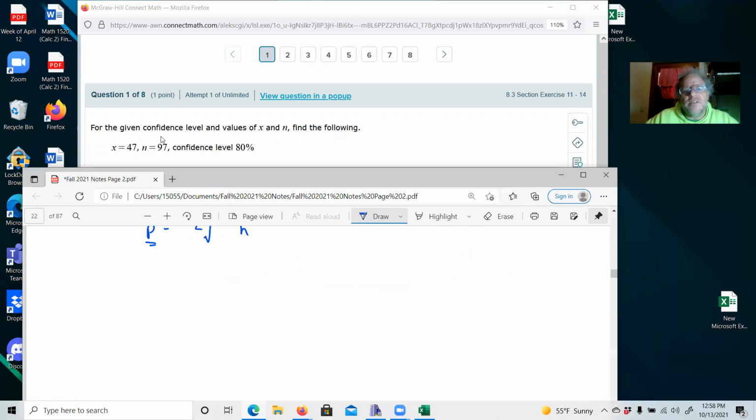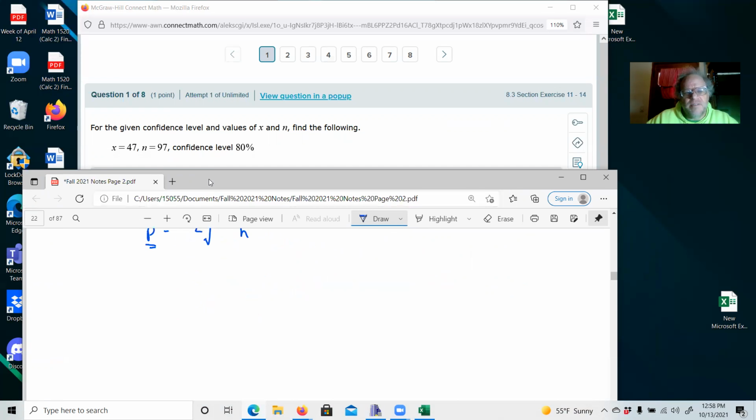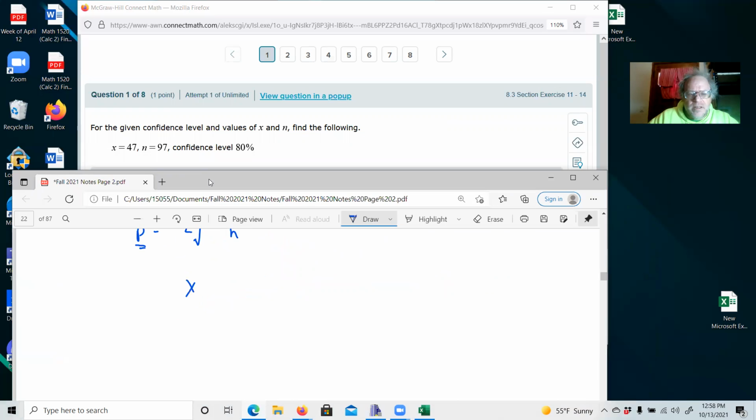Okay, so for a given confidence level, find the following. Okay, we have x is equal to 47 and n is equal to 97. I don't like this notation, but there we have it. And we want a confidence level of 80%. So the first thing they want us to do is take what's x over n, right?